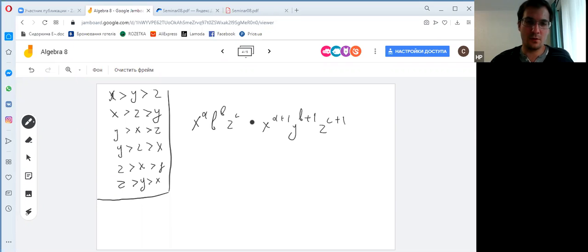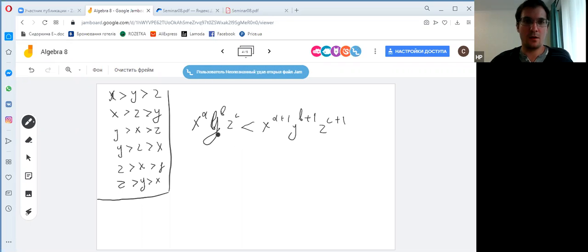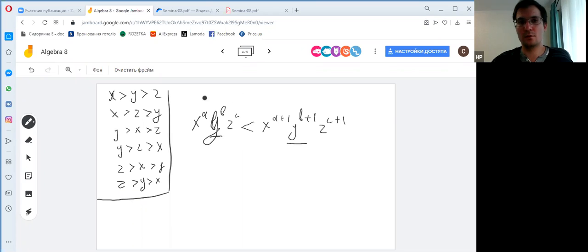And of course, the second is bigger than the first in any ordering, because there is some variable which is the first, for example y, and then we look at these powers, b and b plus 1, and of course b plus 1 is bigger.